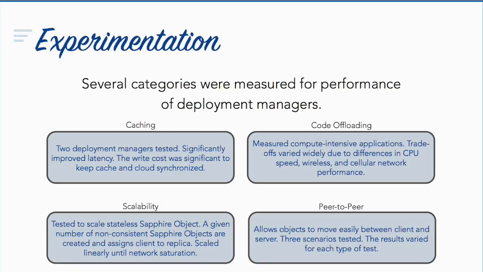The varying results really show the importance of flexibility in this type of situation, and that there's a need for the ability to easily change, to be able to adapt.